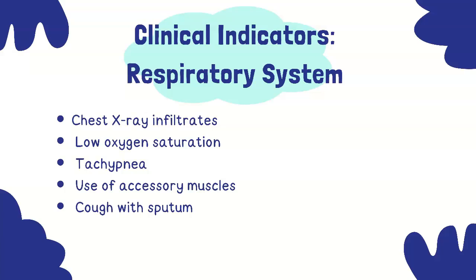And so, clinical indicators that you're going to see from a respiratory perspective: chest X-ray infiltrates. Right, it's commonly seen with pneumonia or pulmonary edema. Again, just because you read a chest X-ray report and you see infiltrates doesn't mean you can assign that diagnosis. This is information that you can use to build a query, right?